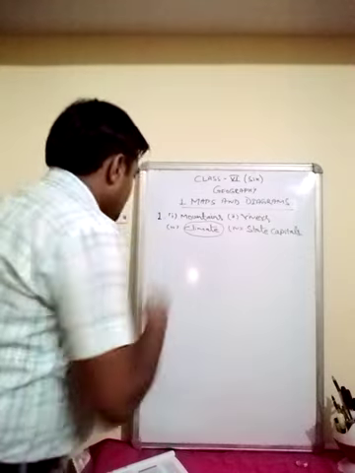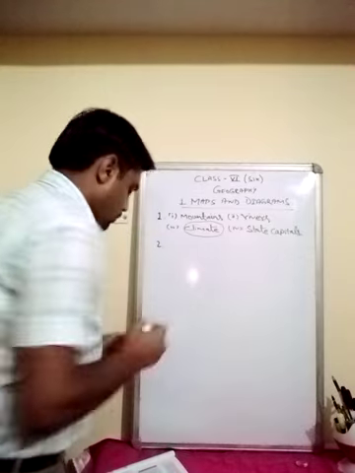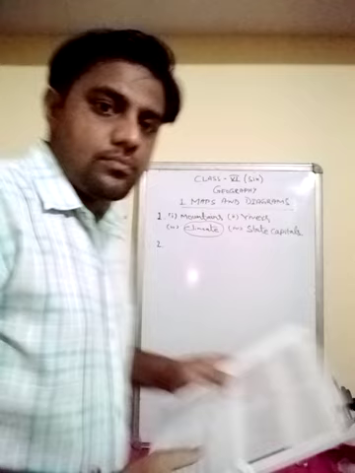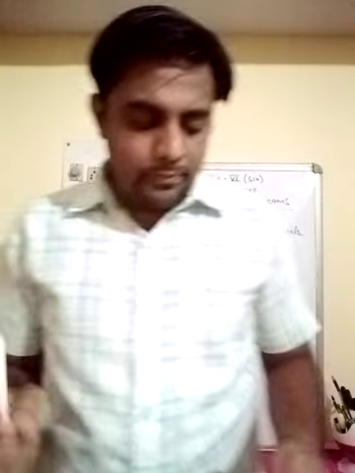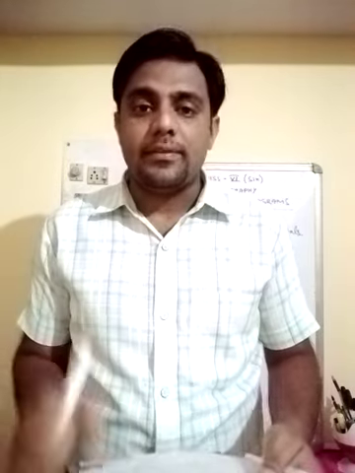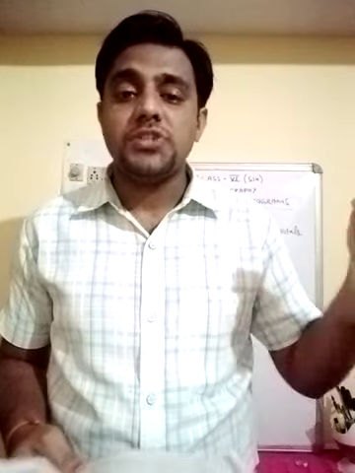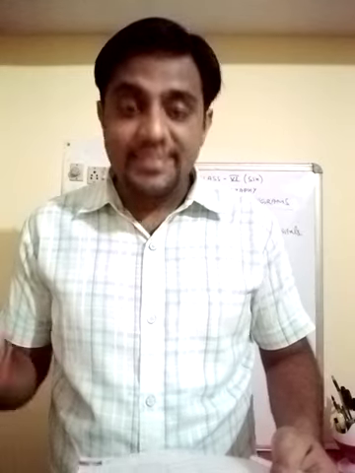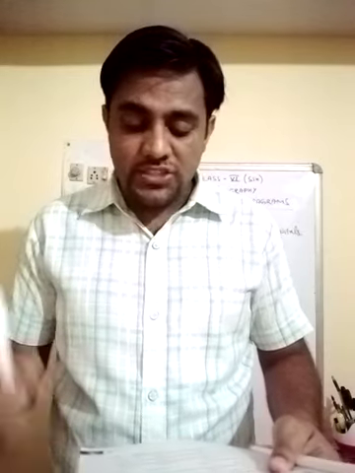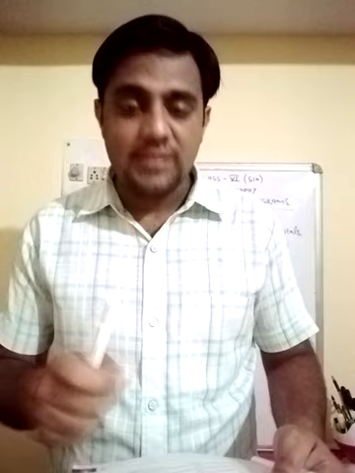Then comes number 2. These maps are useful to surveyors, people who go around and try to find information about the area, and civil engineers engaged in building roads, bridges, canals and other structures.